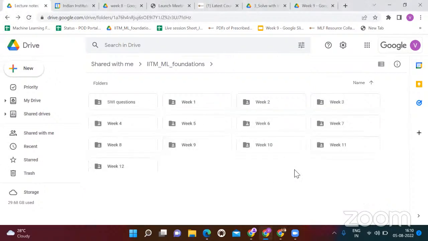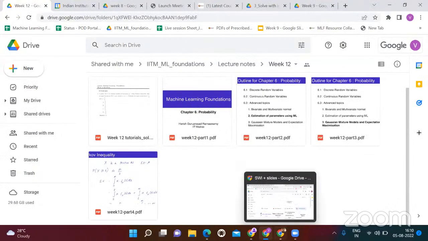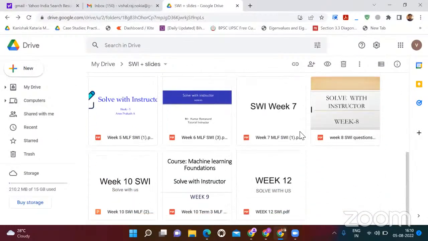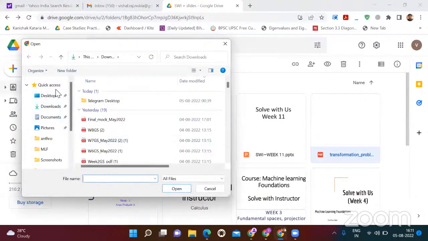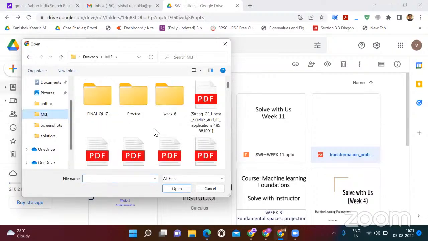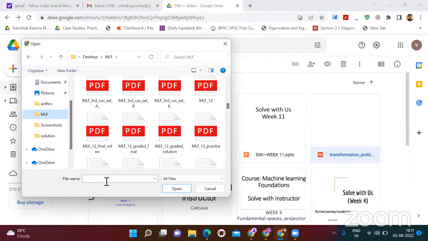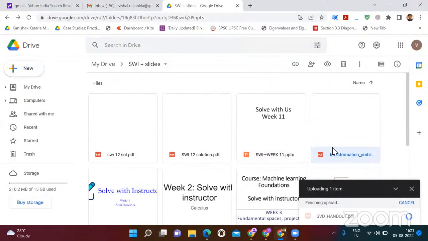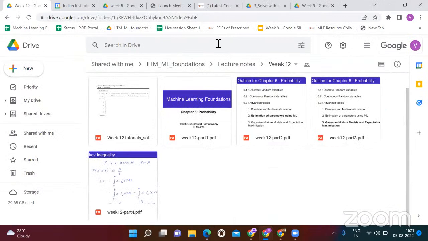Now we'll move to the last part, the 12th week. For week 12, you can go through the tutorial once more.